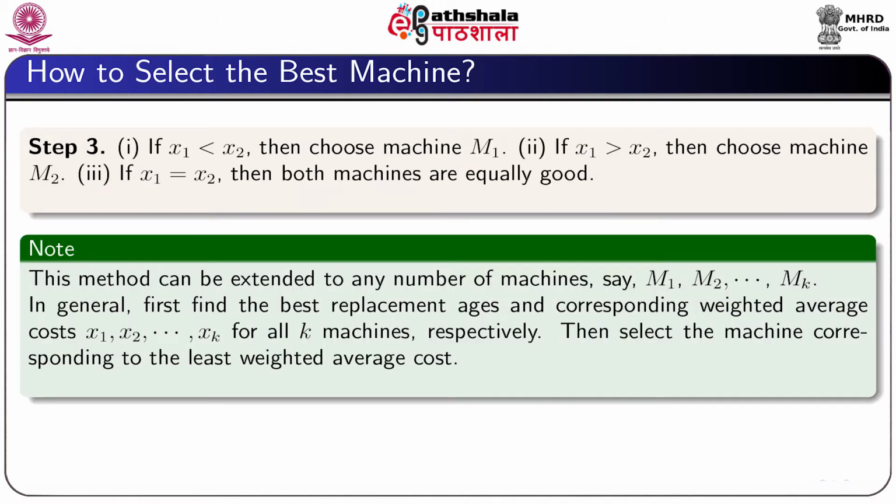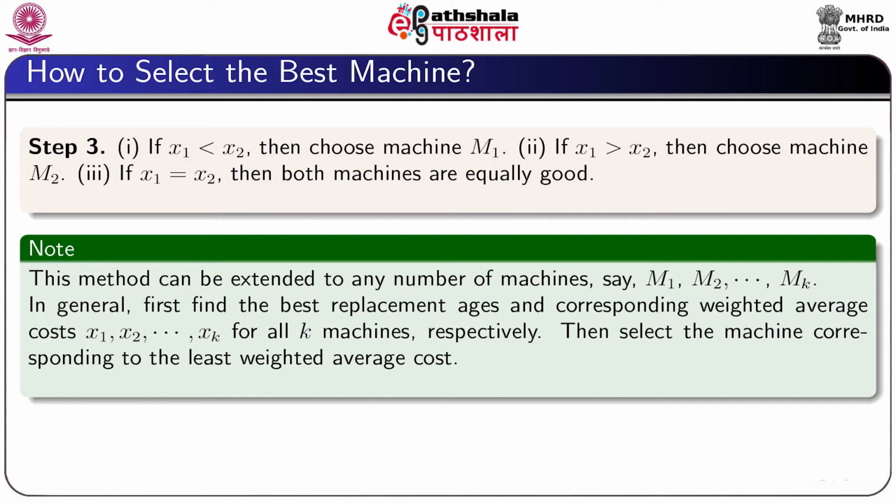If x1 is less than x2, then we choose machine M1, and if x1 is greater than x2, then we choose machine M2. If however, x1 equal to x2, then both the machines are equally good, so any one of the two machines can be chosen.